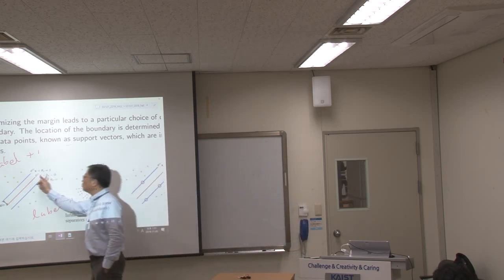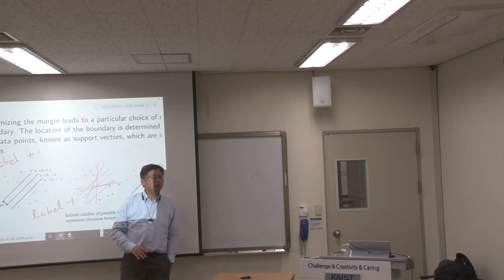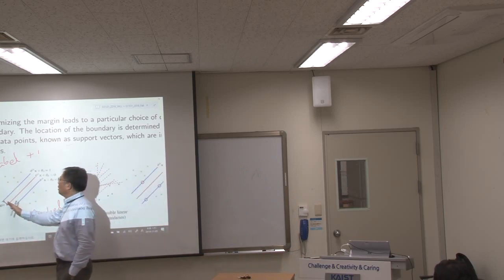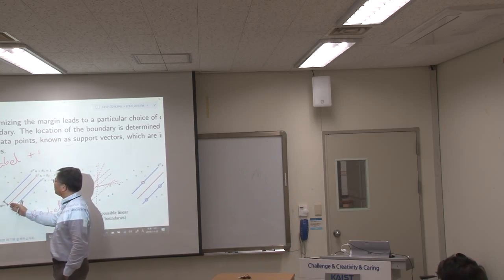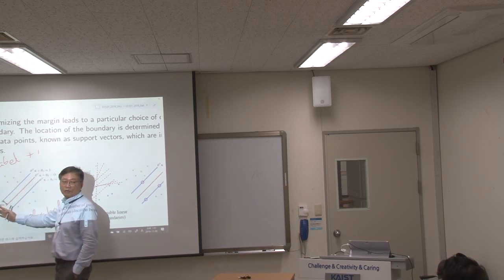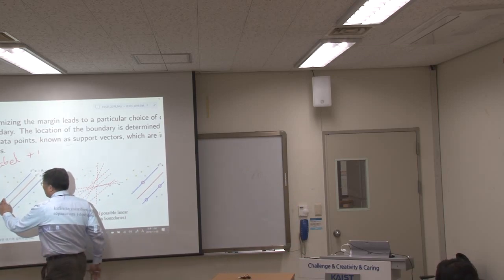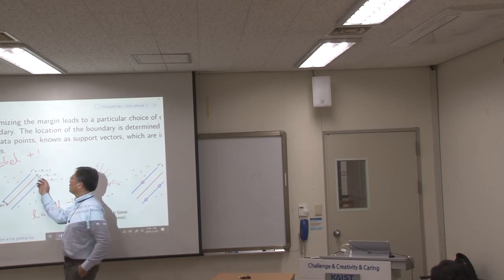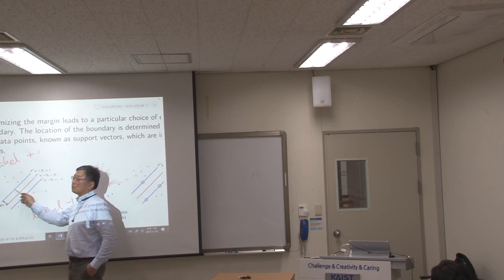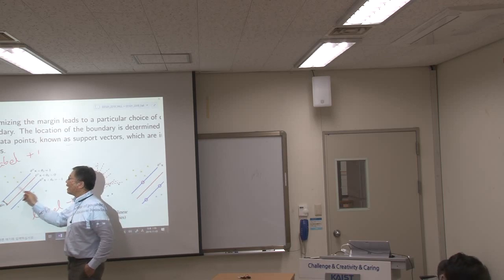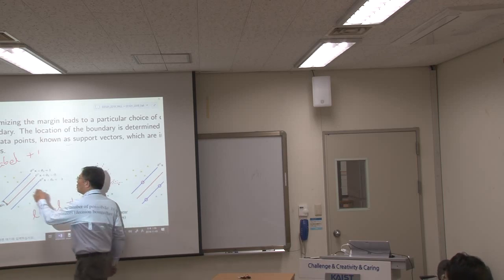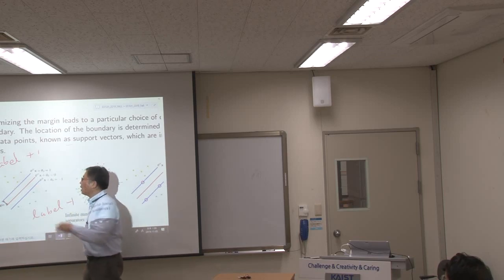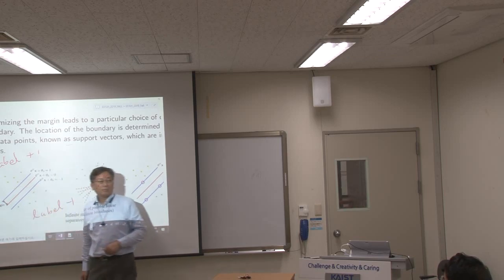And the philosophy with regards to support vector machine is to have a wide road centered around the decision boundary with equal width, such that the points don't lie on the road. They can lie on the edge of the road, but not within the road.